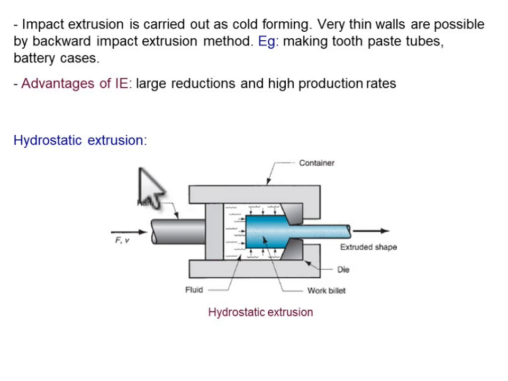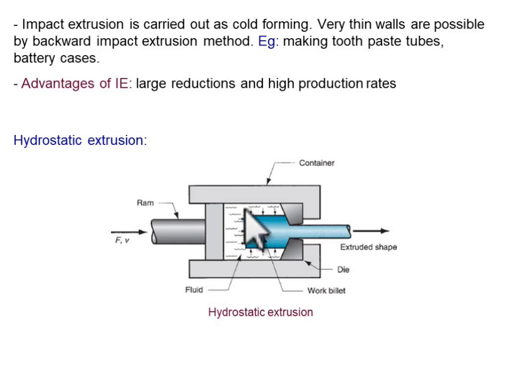The second one is hydrostatic extrusion. You can correlate this with extrusion. In the normal extrusion process, we have a container, and inside the container the work billet is there. But in hydrostatic extrusion, we have some kind of fluid between the ram and the work billet.